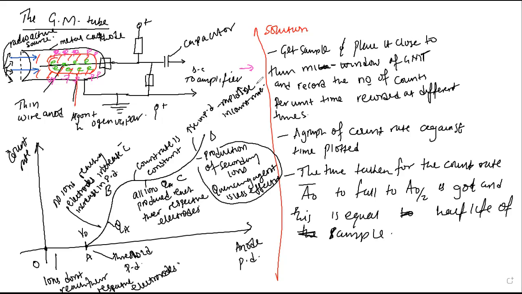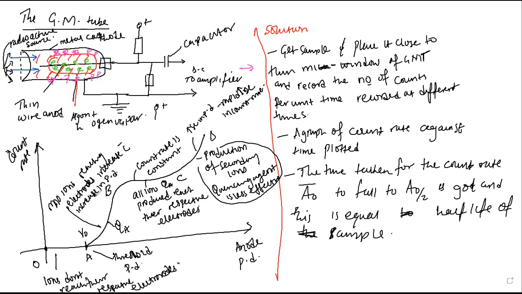Between OA, what happens? Ions are not able to reach their respective electrodes, reason being the PD is not high enough to make them accelerate to reach their respective electrodes. Then between A and B, there is a quenching agent which has been applied and it is effective, and more ions are reaching their respective electrodes with the increasing PD.